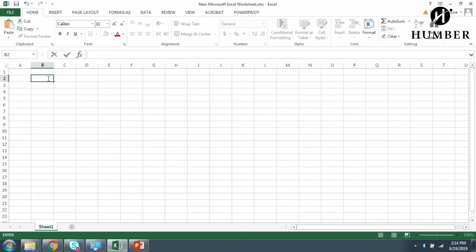Hi, so let's recall the readings we just noted down. Let's write down this as the x-axis and this as the y-axis. In the x-axis we shall put time, and this one is the Brix reading, or the sugar percentage.